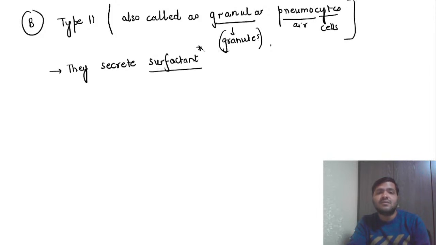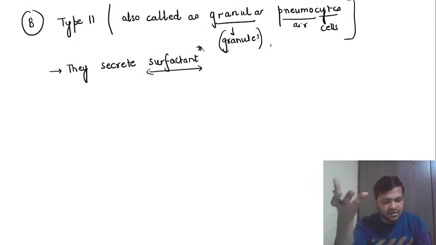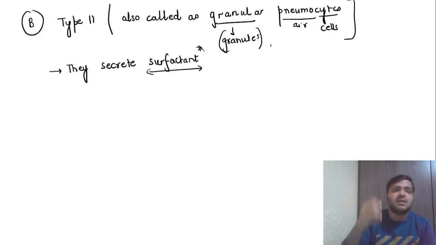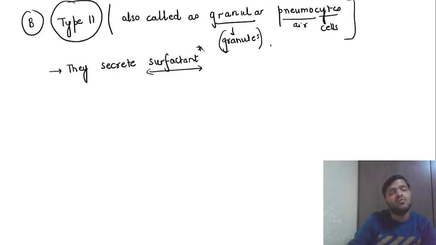It is a lipid that helps to increase the surface area of the alveoli. Surfactant means increasing the surface area. The more the surface area of the alveoli increases, the more oxygen it can take in. So they secrete the surfactant, that is by the type 2 alveoli.